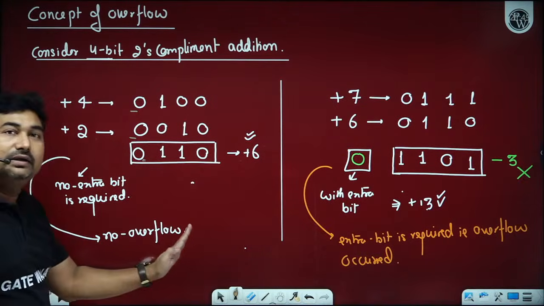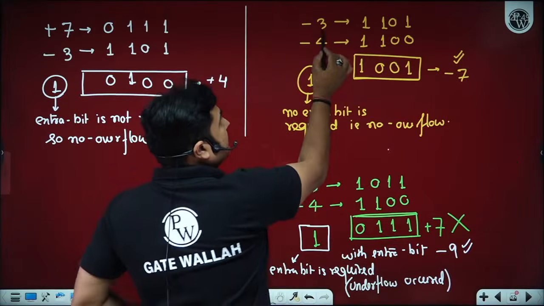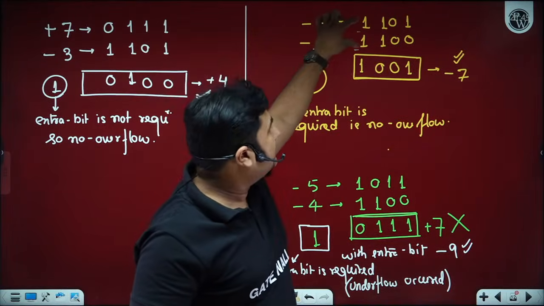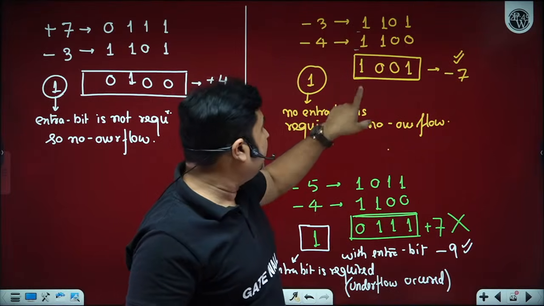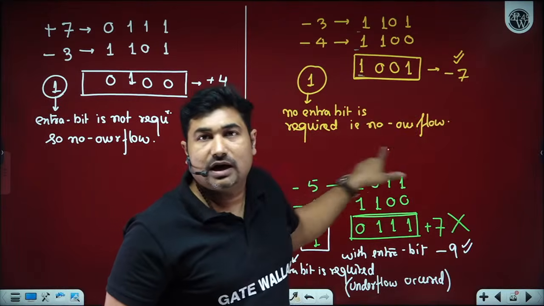When the same sign numbers are added, like -1 and -1, or -4 and -3, minus, minus, and in result the sign is same, no overflow occurred.